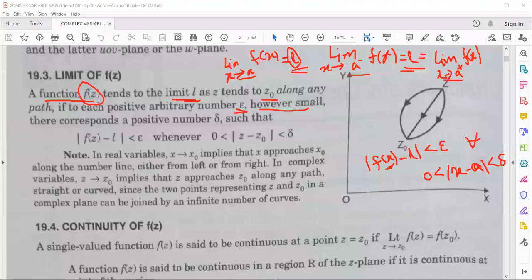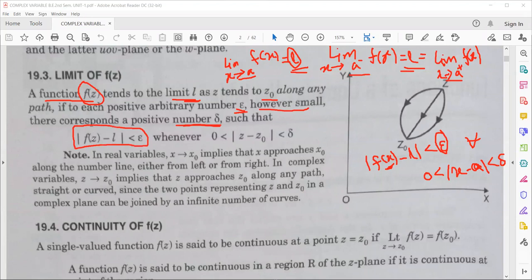As I already told you, the value of epsilon is very, very small. That means it's positive but a very, very small number, like 0.001. So however small, there corresponds a positive number delta. If there exists a positive number delta such that this condition is true.